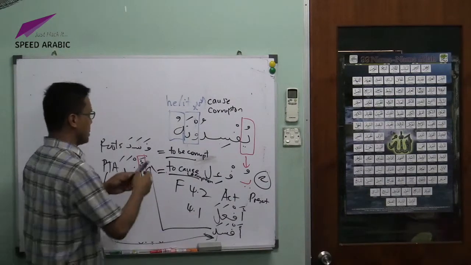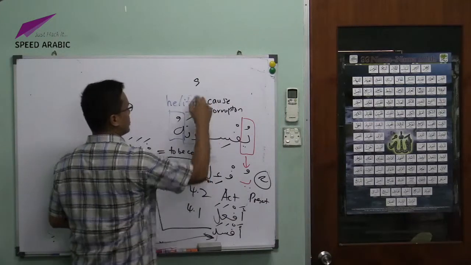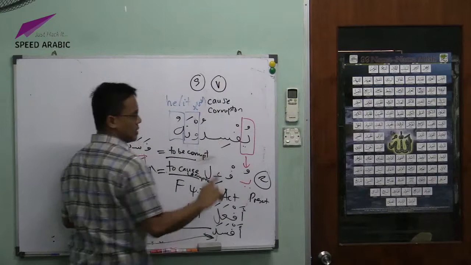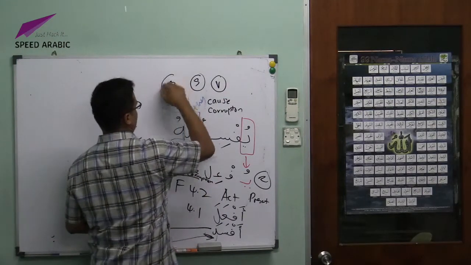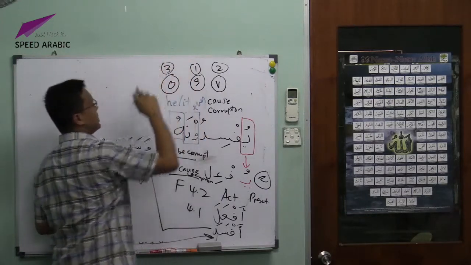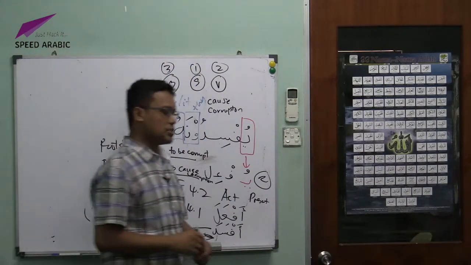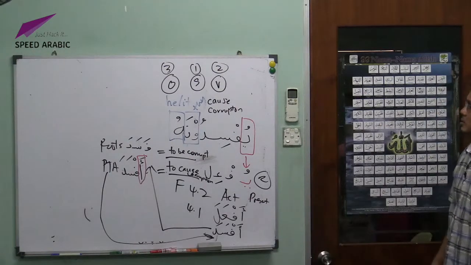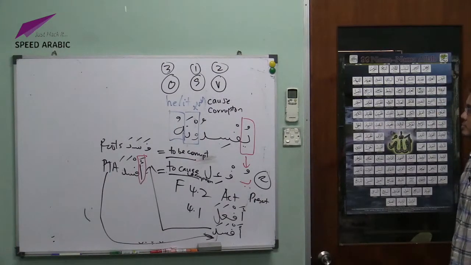You start with subject and then verb and then object. SVO is the way to translate it. What is the meaning of yufsidu nahu? They're causing corruption.